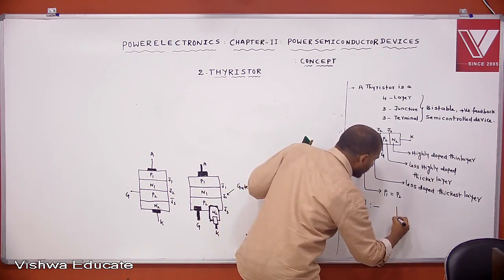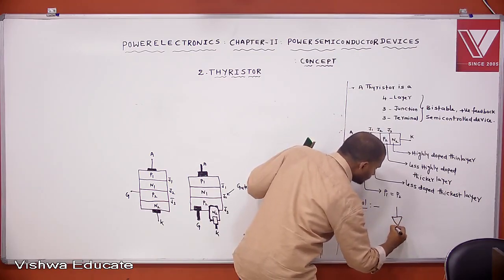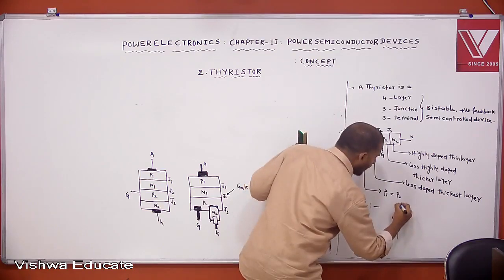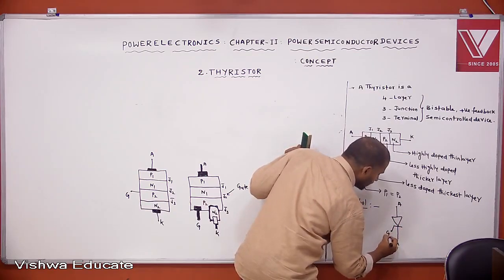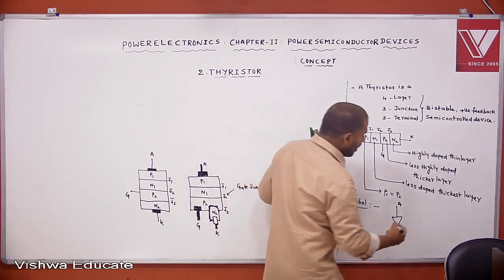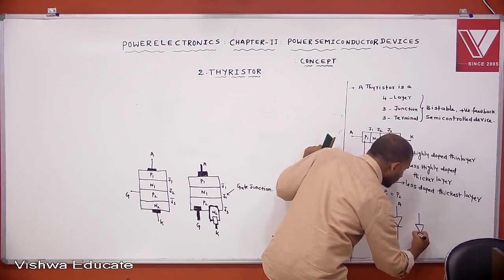This is one way to represent the thyristor symbol. This is anode, this is cathode, and this terminal is gate. Anode, cathode, gate. Or you can also represent the symbol like this. This is also a thyristor symbol.